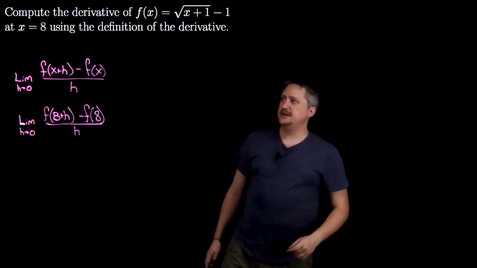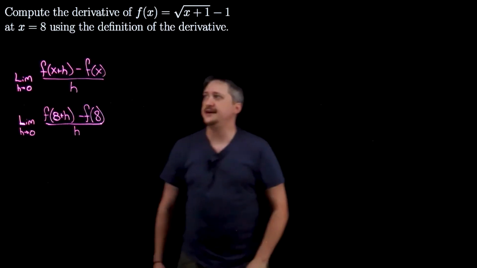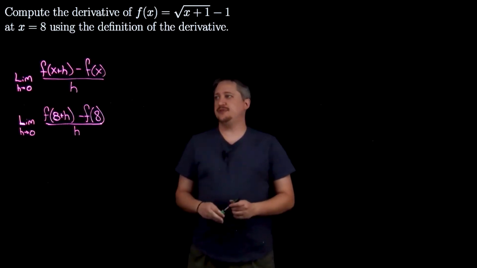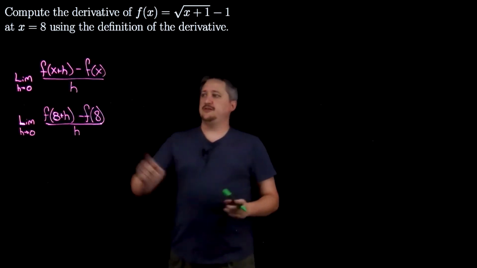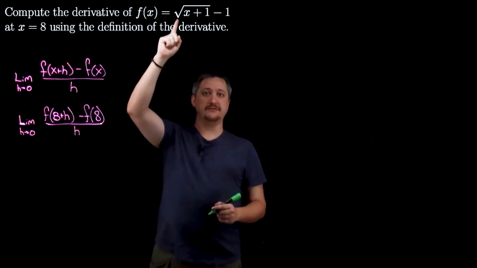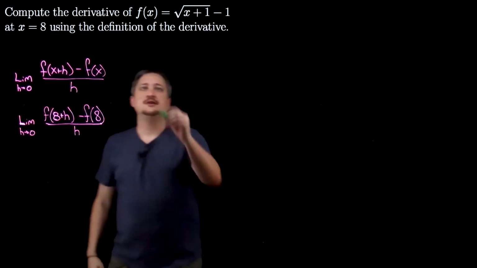Our first step then is to go ahead and apply the definition of f, and see what we get. So f is going to be applied to 8 plus h, so I'm going to plug that in for the x in the f of x.